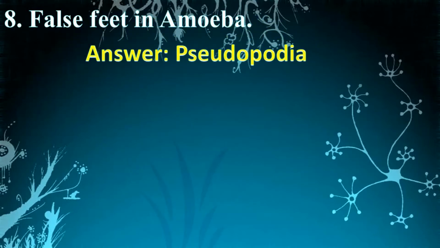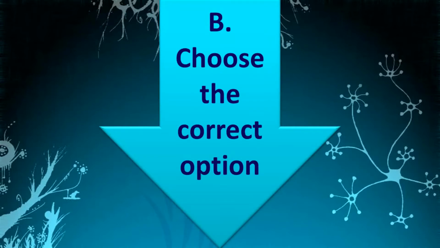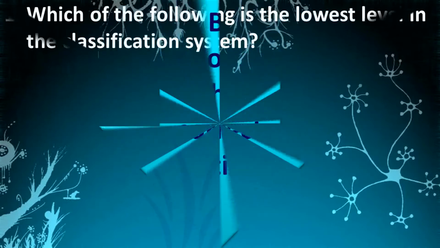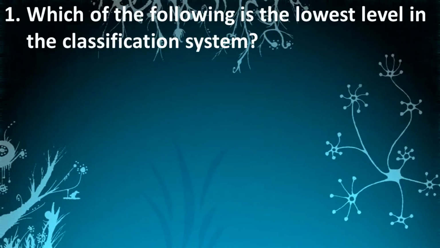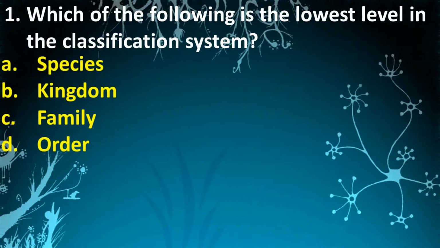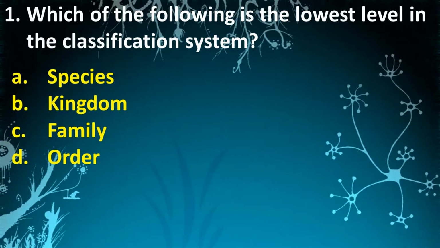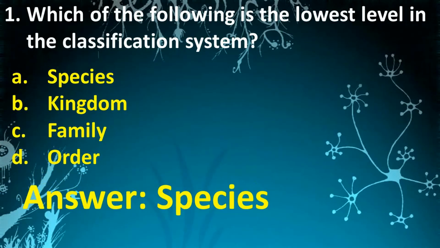Pseudopodia. Next question. Choose the correct option. Which of the following is the lowest level in the classification system? Options are species, kingdom, family, order. Answer is species.